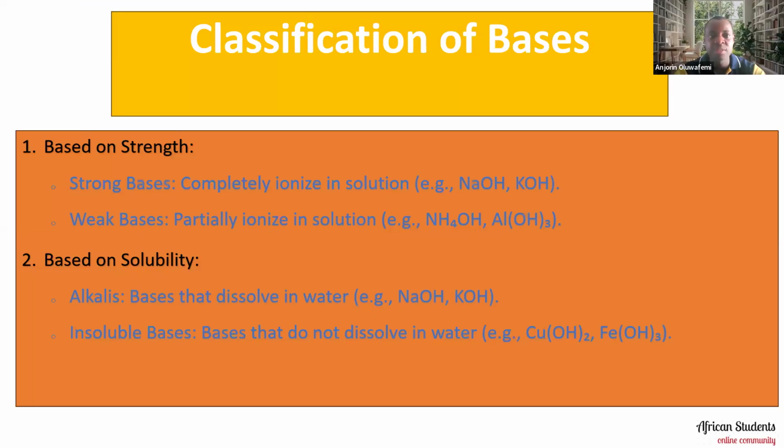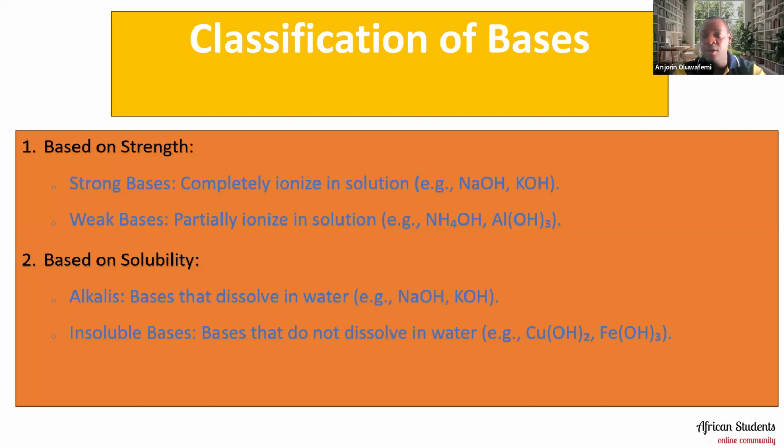Based on their strengths, we can classify bases as either strong bases or weak bases. A strong base will completely ionize in solution, just like we have with acid too. Examples of strong bases are sodium hydroxide, potassium hydroxide, and even calcium hydroxide.